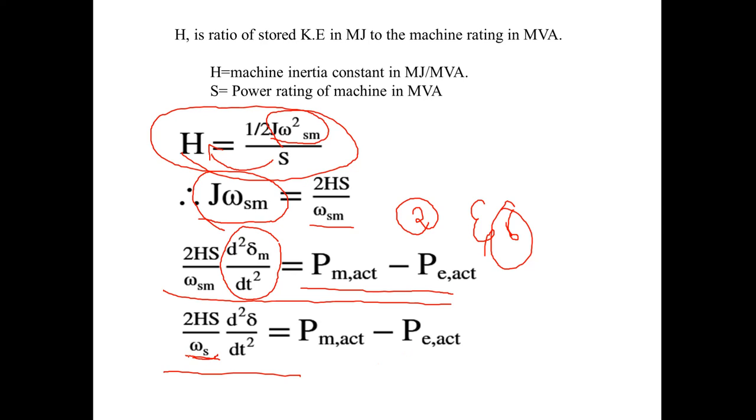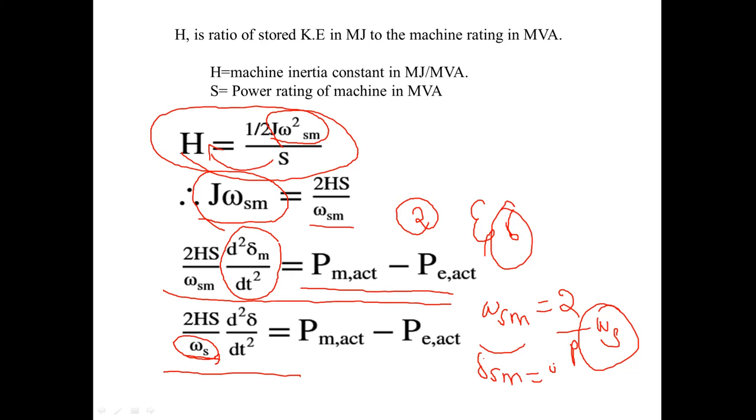How this ωs is changed: we know the relation, ωsm will be equal to 2 by P ωs. I need this synchronous speed, so I'm just substituting the value, and also this δ will be changed. Similarly, δm will be equal to 2 by P δs. We are going to substitute in the next equation.